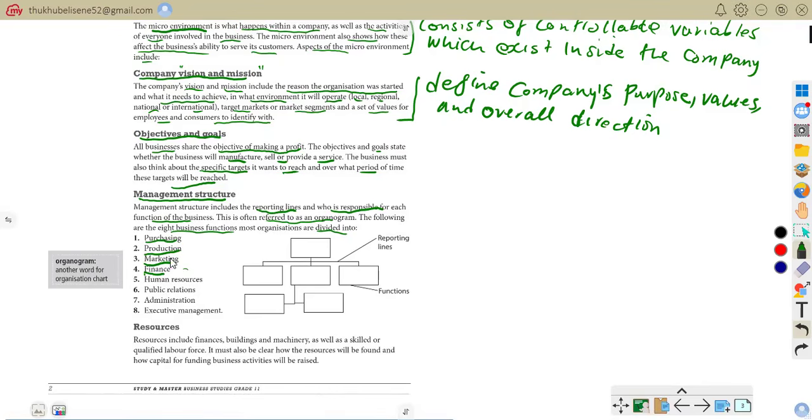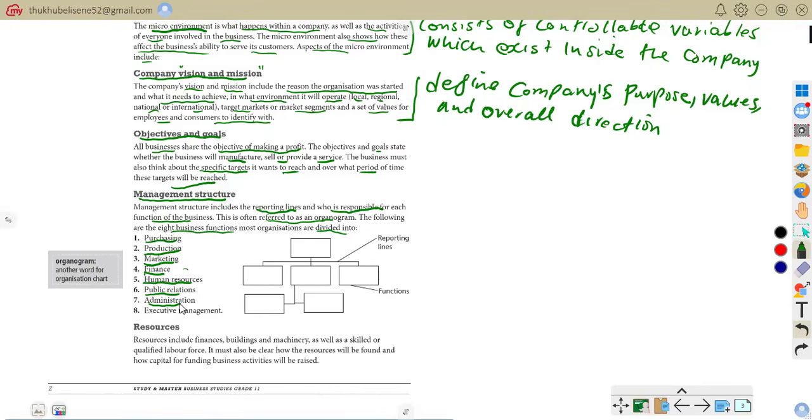So because I did mention finance with marketing. Human resources: these ones are responsible for recruiting, training, and developing employees and handling employee relations. Now, public relations, they manage the company's image and relationship with stakeholders.